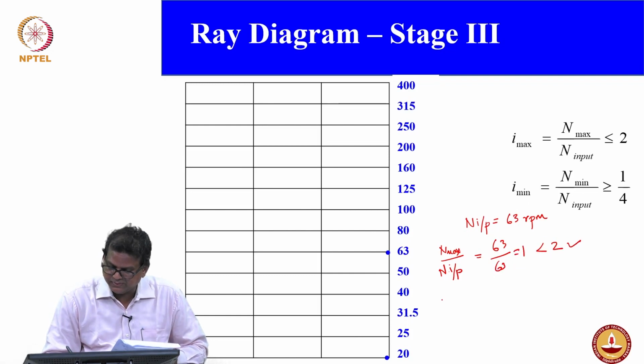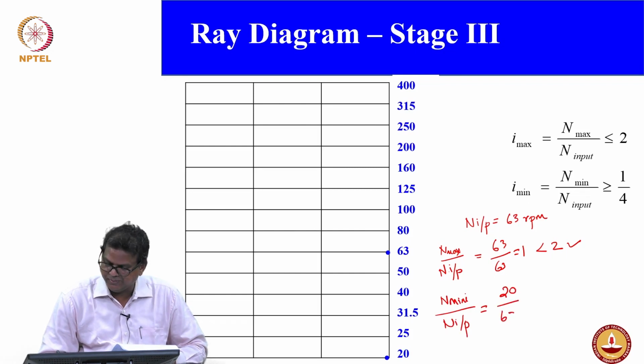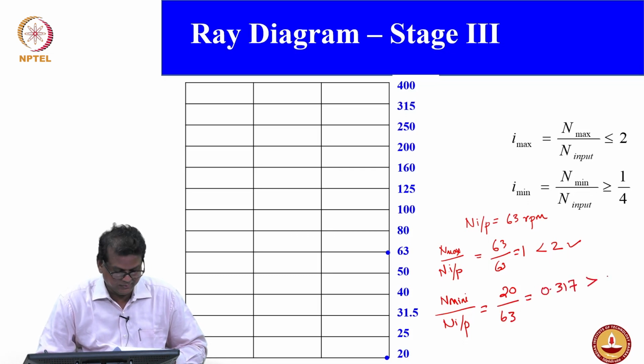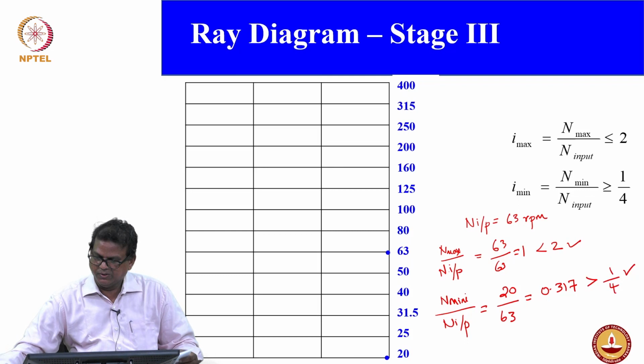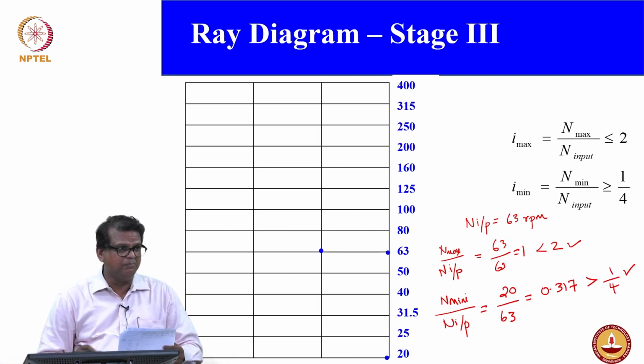The second thing is n minimum over n input: n minimum is 20 rpm, input is 63 rpm. If you do that, you will get 0.317, which is greater than 1 by 4. So it is satisfying. So can we choose 63?